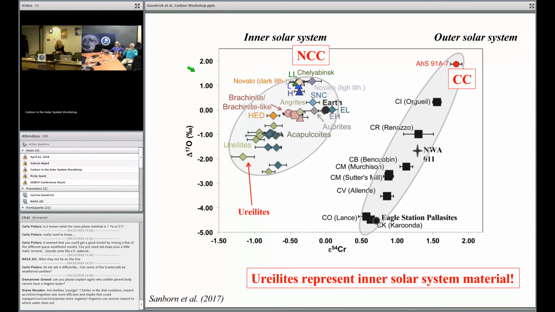They fall on a slope 1 line, which is the kind of slope line that chondrites and other primitive materials plot along. So the interpretation is that they had a primitive-like heterogeneity in oxygen isotopes in the precursor material that was not removed by the igneous processing.